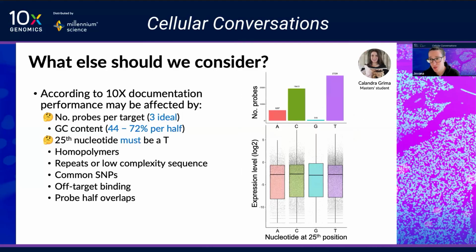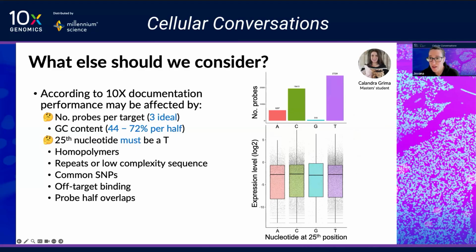So we asked Calandra if she could look a little bit into the probe set and see, was this T really a deal breaker, and could we loosen this criteria a bit? And what she found in looking at the data was, again, yes, T was ideal. Most of the probes did have a T there, but there were a few with other bases, and their expression was reasonable.